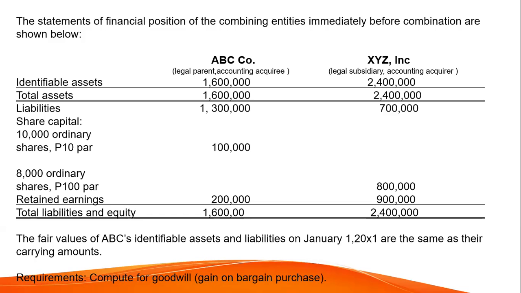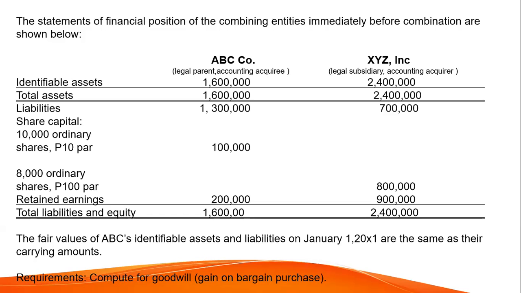We have the identifiable assets of ABC 1.6 million, XYZ 2.4 million total assets. Then we have the liabilities 1.3 million and 700,000. Then for the share capital, ABC 10,000 ordinary shares at 10, and for XYZ 8,000 ordinary shares at 100.